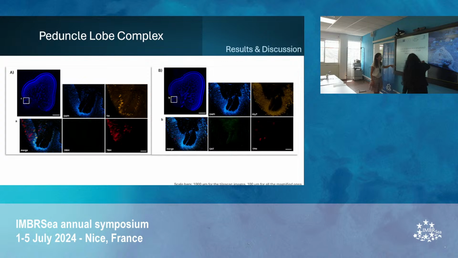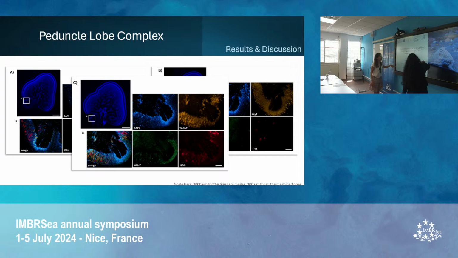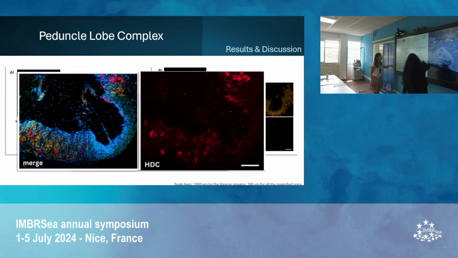And you can again see that very few cells are expressing TBH, and numerous cells expressing the GLIT genes. And further, you can see the different distinct populations of cells expressing the VAC, HDC, and the VGU genes. And this is a zoom in of the gene HDC, for example.